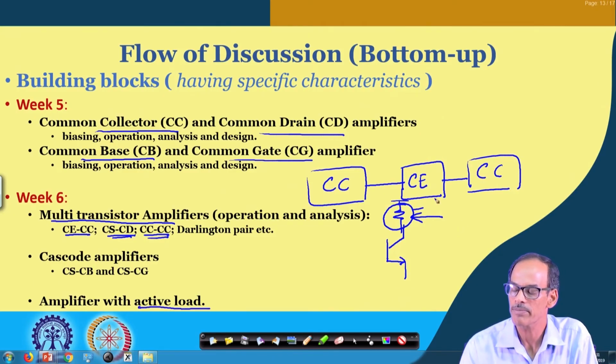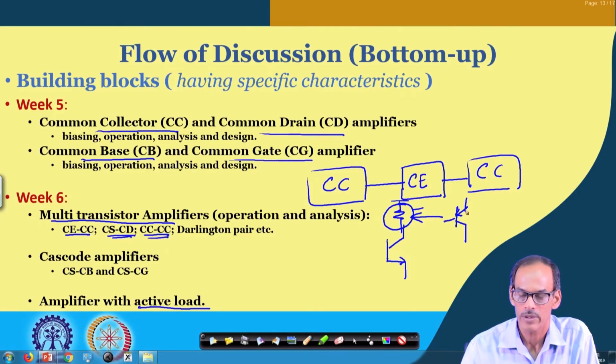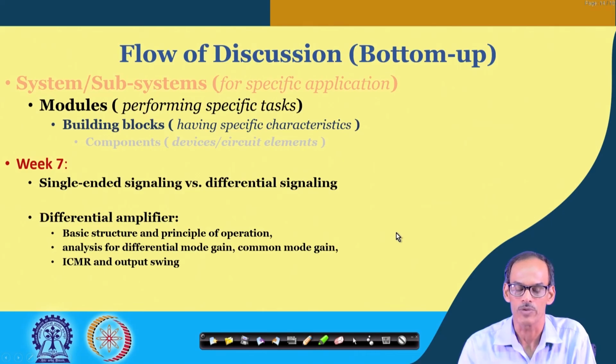So instead of a passive circuit there, can we have some load or biasing arrangement performed by a BJT or MOS? In the subsequent week, we will discuss up to the building blocks, and then in the following week we will move towards the modules.